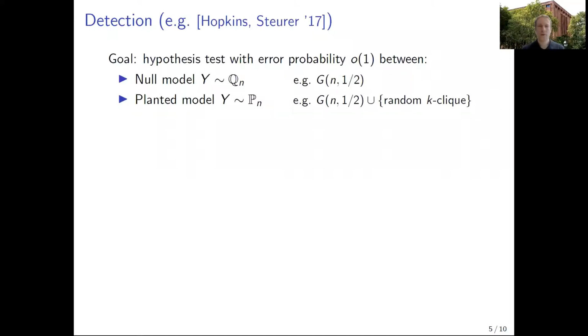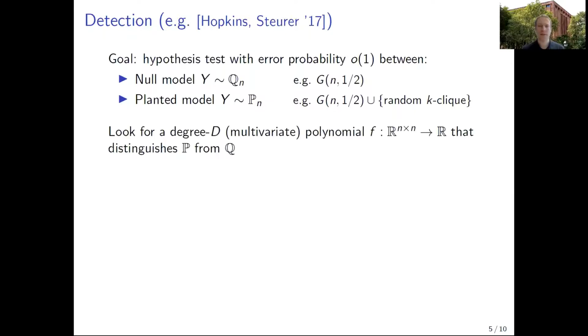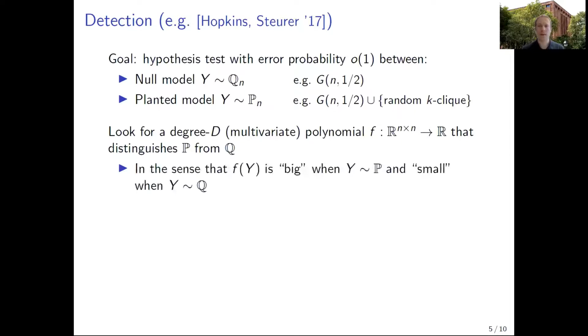Okay, so let's talk about the detection problem, where the goal is to hypothesis test between two different distributions. The first is the null model, for instance, an Erdős-Rényi random graph, and the second is the planted model, for instance, an Erdős-Rényi random graph with a planted clique. We'd like to understand whether there is a degree D polynomial that can distinguish these two in the following sense. F takes in the entire graph as input, represented as an adjacency matrix, and it outputs a single number.